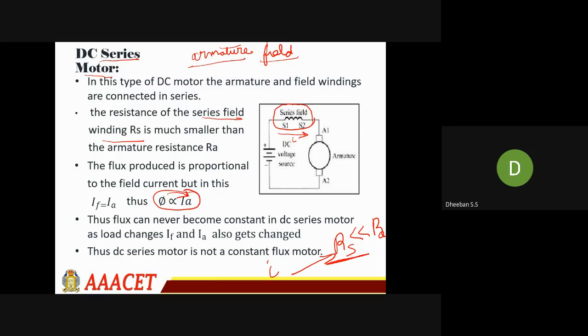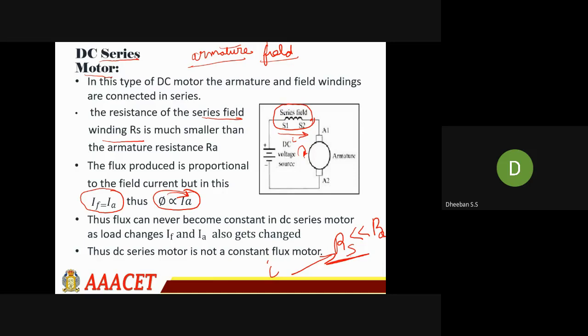This happens because the field current IF will be equal to IA, because it is not in parallel, and there are no parallel connections or nodes. So the current flow will be like this, phi will be directly proportional to IA. The flux can never become constant in a DC series motor. But in case of a shunt, it was constant. So that's the main difference.